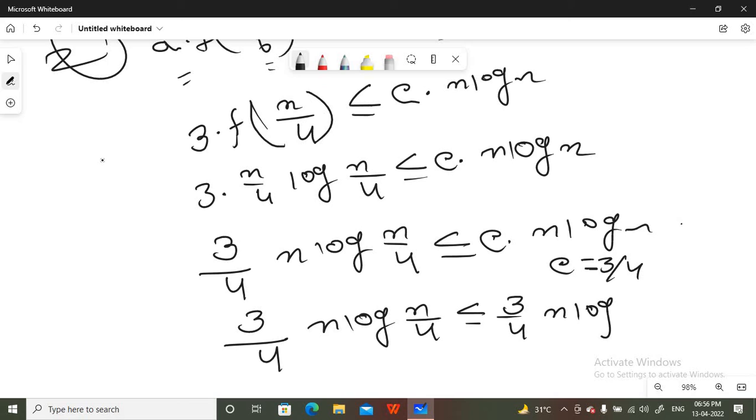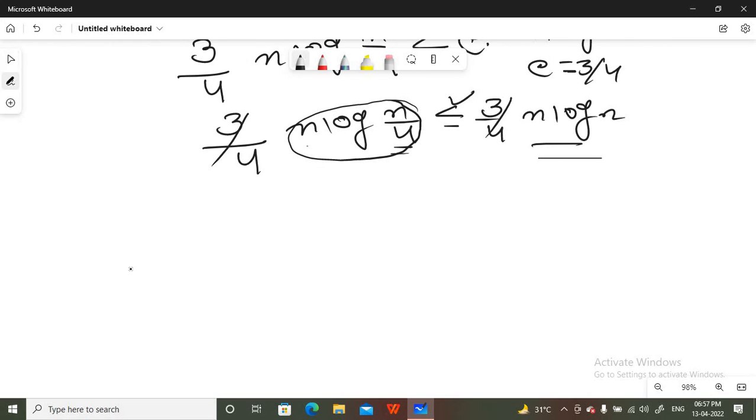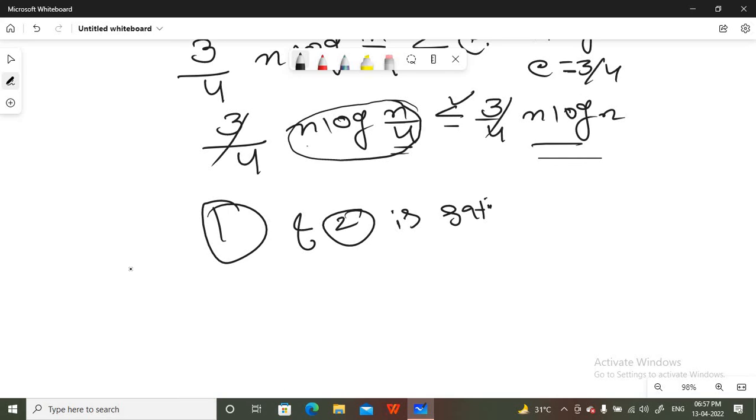Is it satisfied? Yes, because if we ignore these, n/4 increases much slower than n log n. So the second condition is also satisfied.